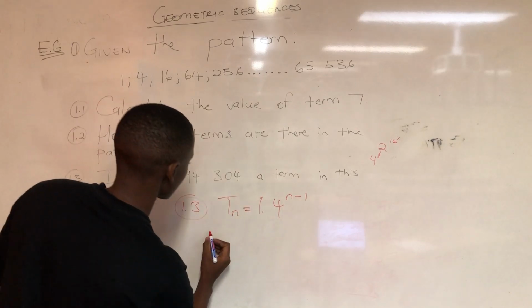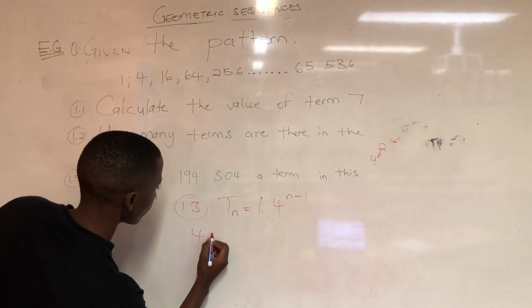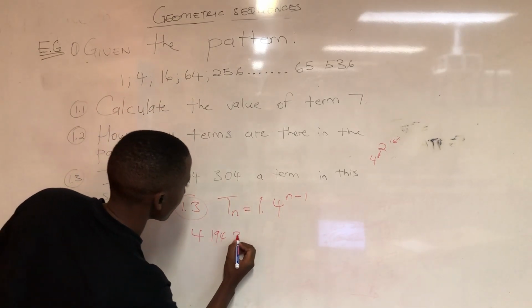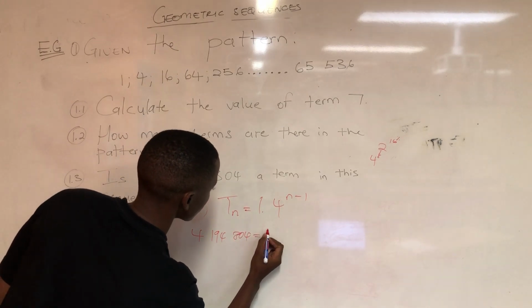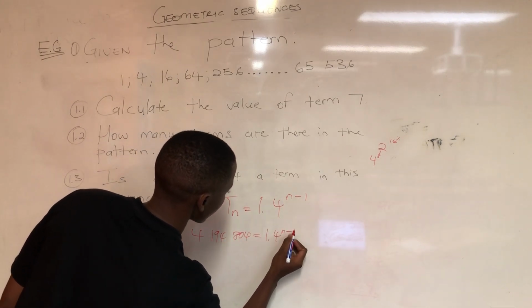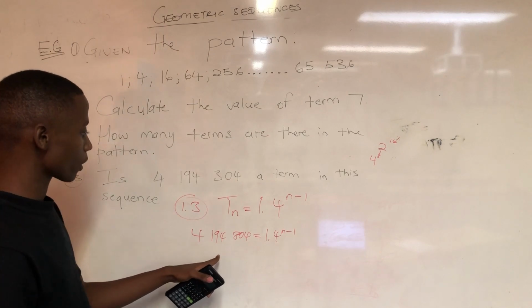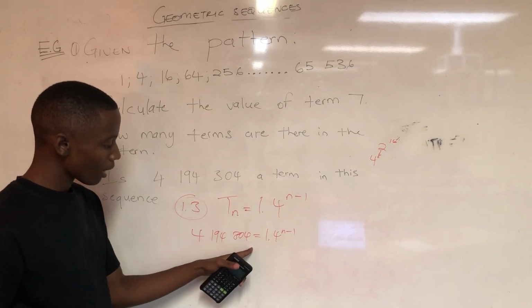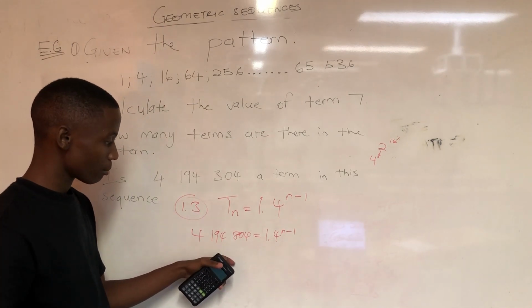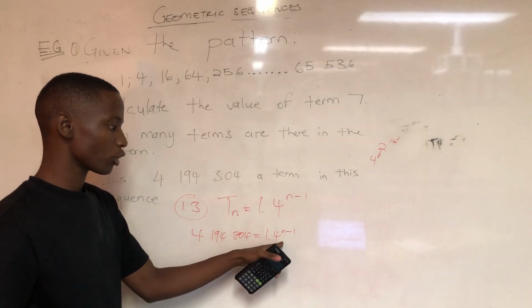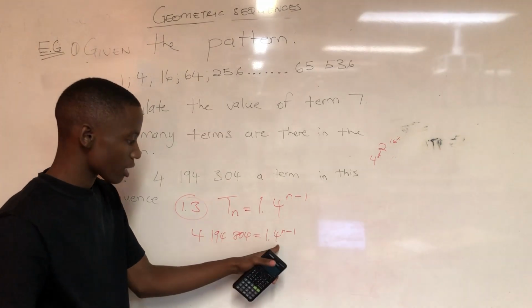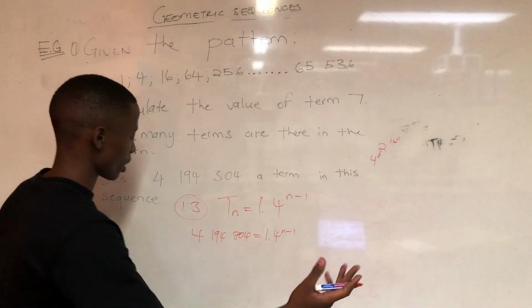Let's take this as Tn, so 4,194,304 is equal to 1 multiplied by 4 to the power of n minus 1. Let's change this to become a base of 4, because 1 multiplied by 4 to the power of n minus 1 is the very same thing as 4 to the power of n minus 1.